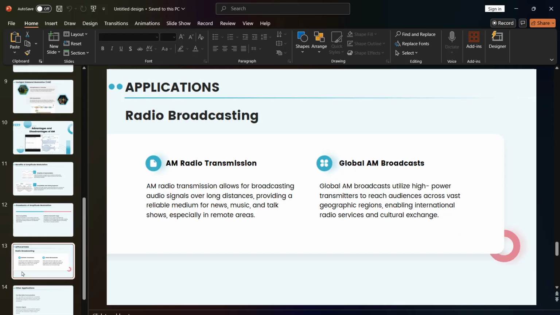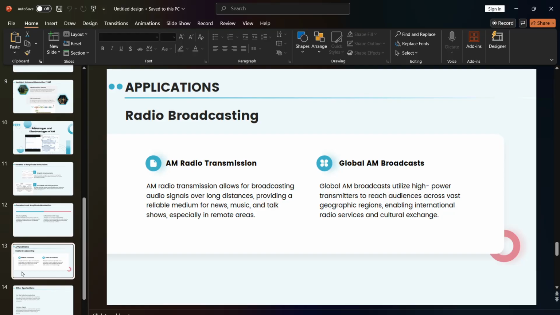Next slide, we have applications. As we have come across, it's mainly used in radio broadcasting, and in news channels for news recording.